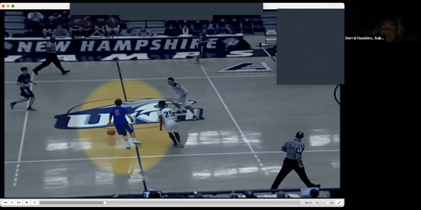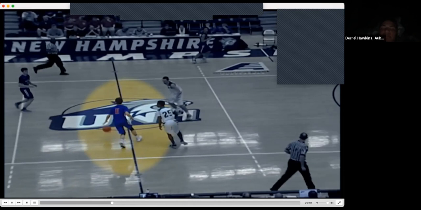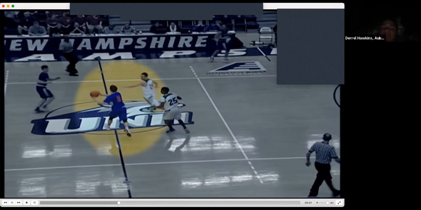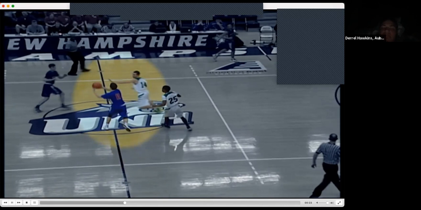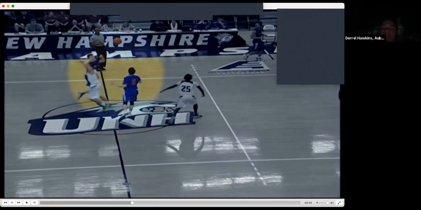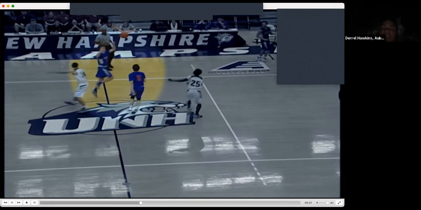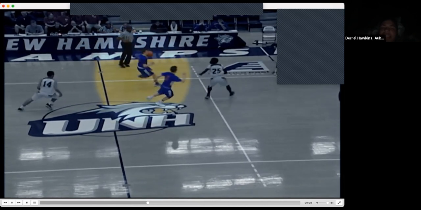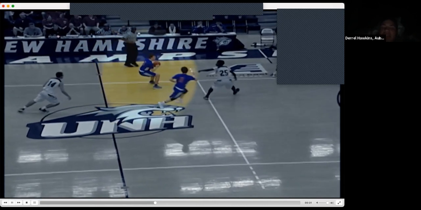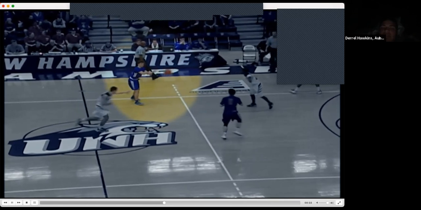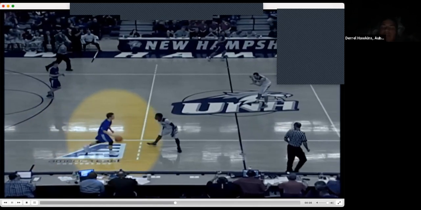Number 1 in blue dribbles into the front court with his right foot, but then steps with the left foot in backcourt as he ends his dribble. He then passes to a teammate who was airborne from the backcourt and lands in the front court. This is a challenging play for officials.